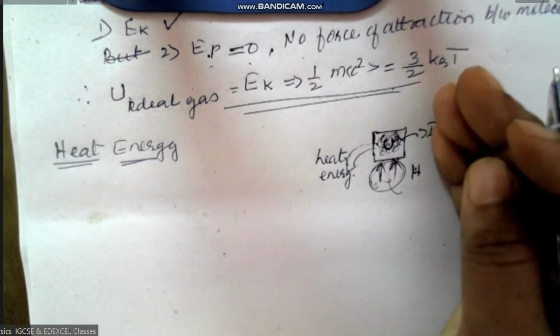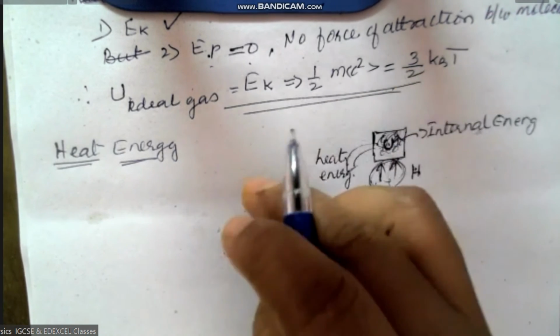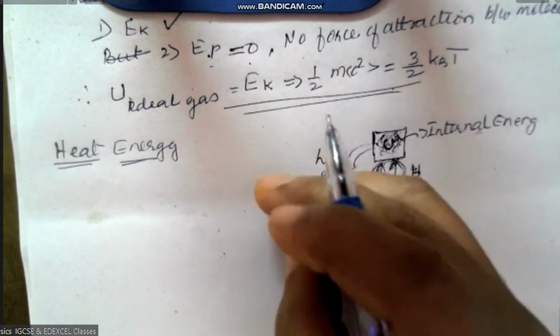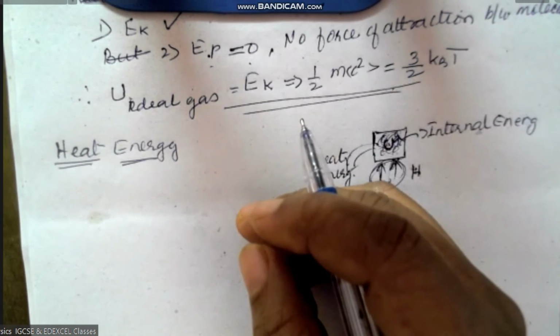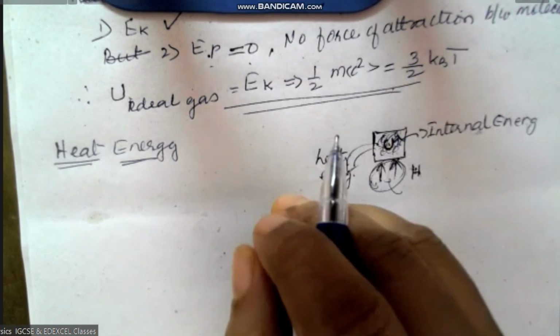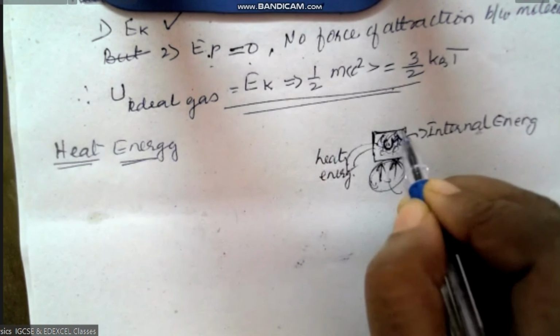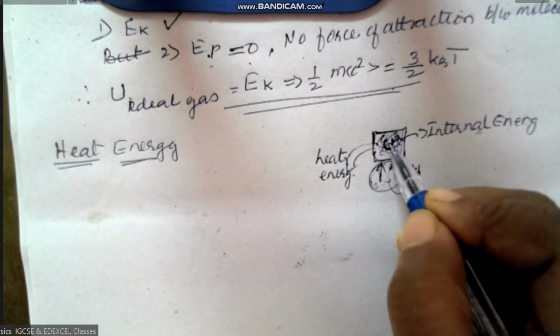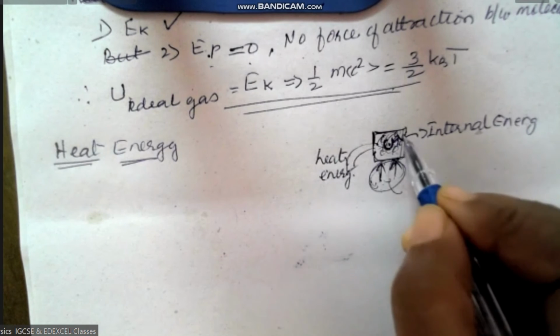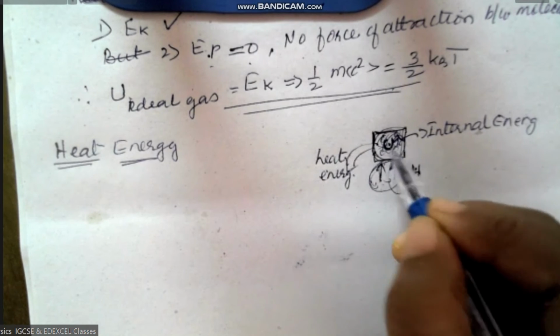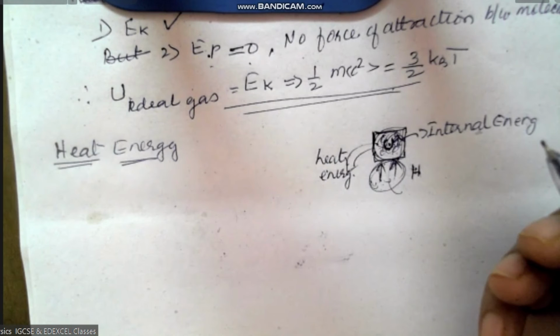So heat energy is basically from outside: how much goes in, how much comes out. But internal energy means, as a result of the energy entering or leaving, what is the change happening inside.